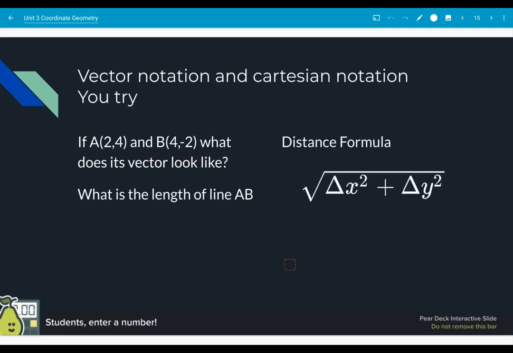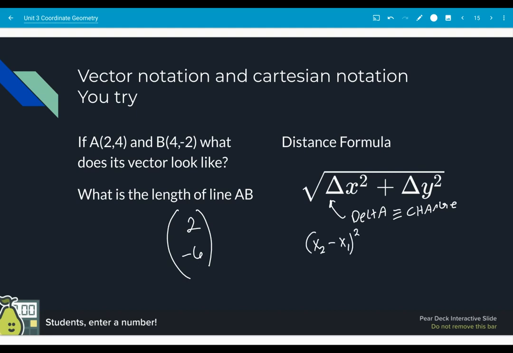Once we have the vector 2, negative 6 in vector form, we can use the distance formula. This is the Greek letter delta, meaning change. So this is saying the change in X. Sometimes we denote that as x2 minus x1. We've already done that because we have the vector.